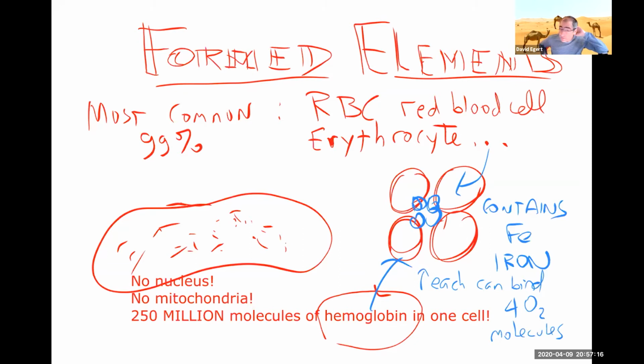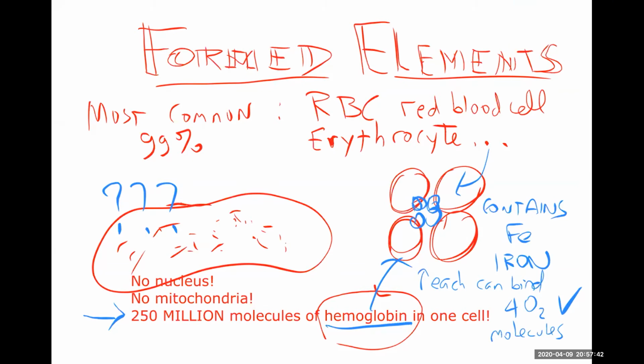So what does that mean actually? If we talk about there are 250 million molecules of hemoglobin in one cell, and each can bind 4 oxygen molecules, how many oxygen molecules can you get in a single red blood cell? A billion.